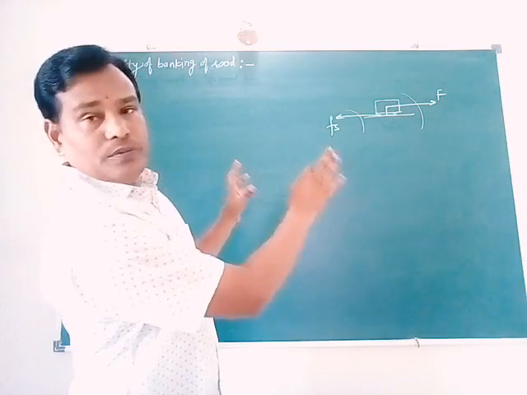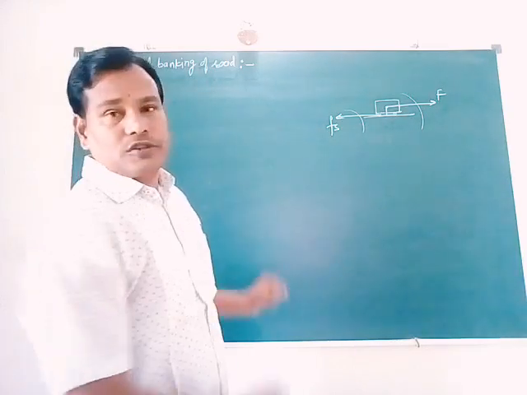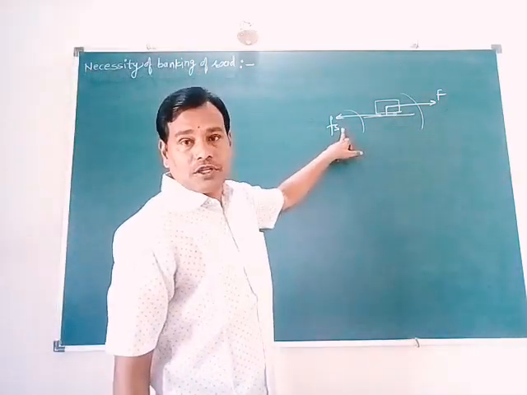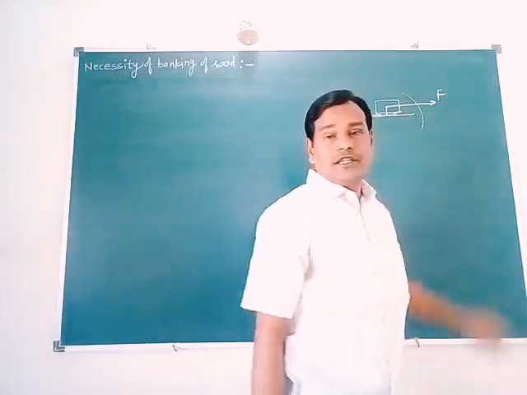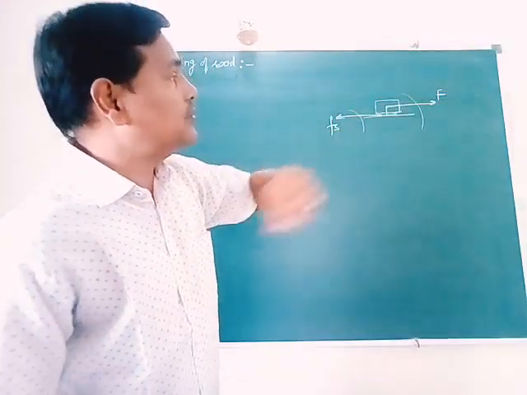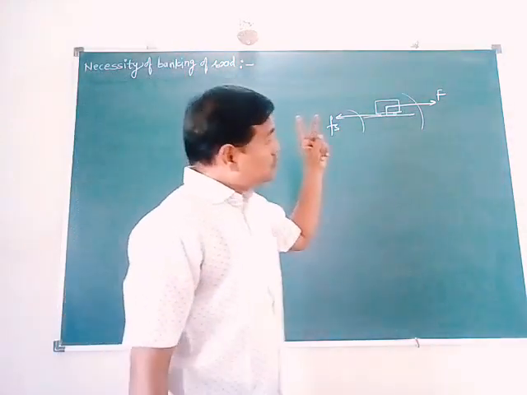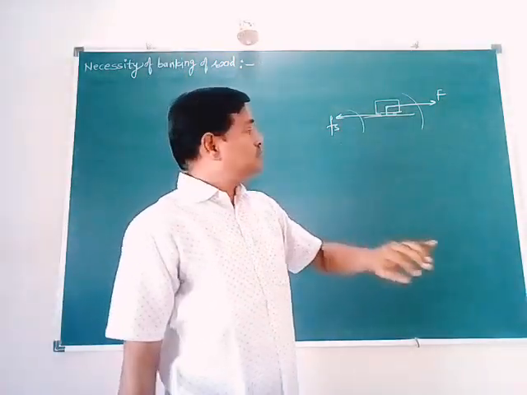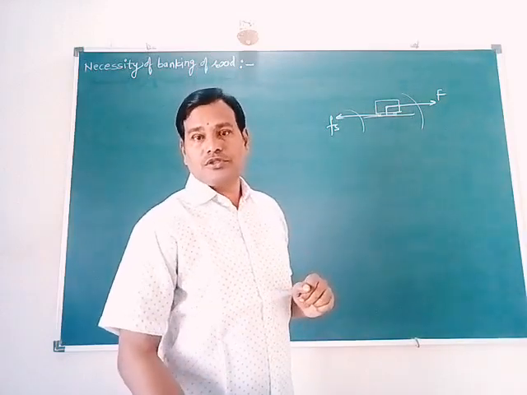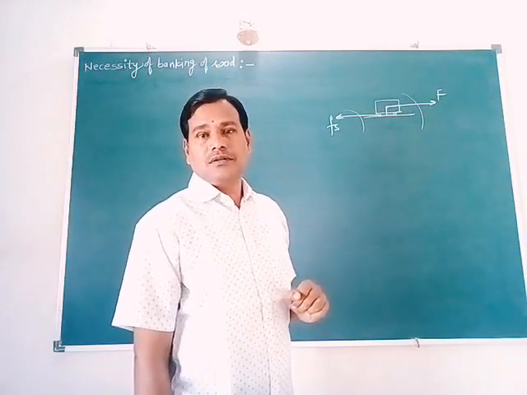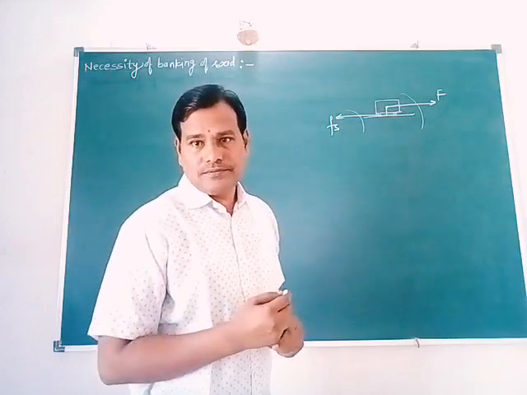If you observe closely these two forces, one is the force of friction which is acting towards the center, and the second is the centrifugal force which is acting away from the center. Both the forces are acting on the same object but at different points. You know the combination of such two forces produces a torque.